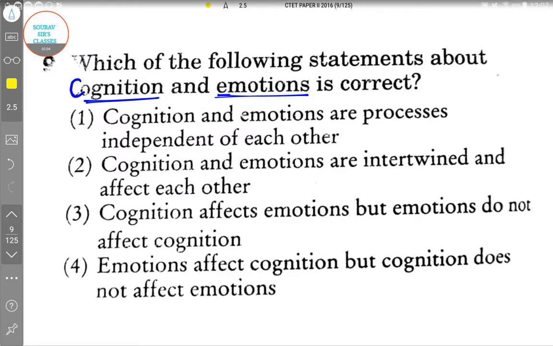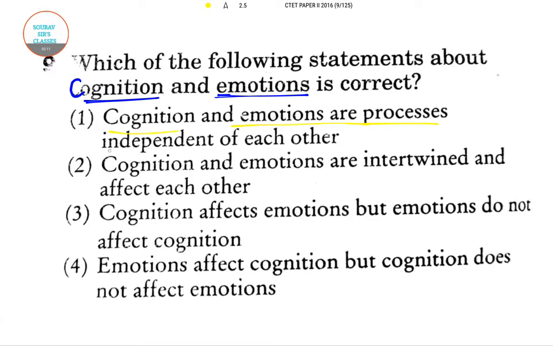The first one is saying that cognition and emotion are processes independent of each other. The second one is saying that cognition and emotions are intertwined and affect each other. The third one is saying that cognition affects emotion but emotion does not affect cognition, and the last one is saying that emotions affect cognition but cognition doesn't affect emotion. Now we have to find out the right one.